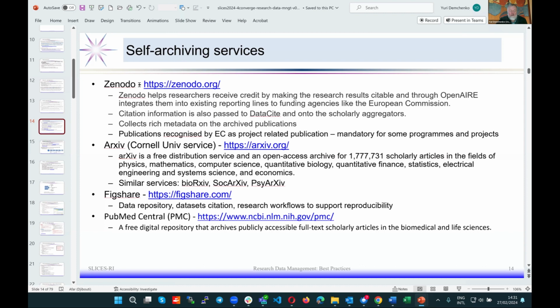This is Zenodo. All of these self-archiving services, Zenodo, Archive, Figshare, and PubMed for medical research, actually give you an identifier for your publication, PID or OID. And actually, the European Commission requires that everything produced in a project is published on Zenodo or OpenAIRE.